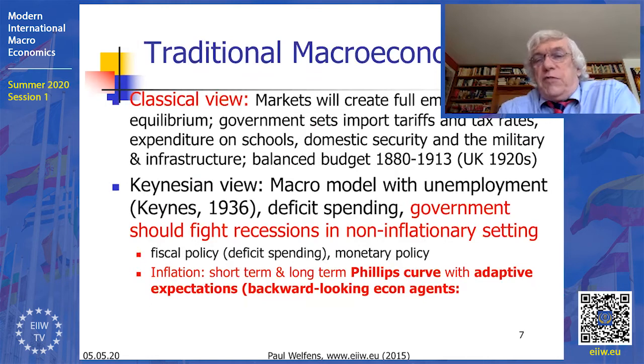Okay, we have some kind of classical views. So markets will create full employment, equilibrium, governments can set import tariffs and tax rates. We have then some government expenditures on schools, domestic security, the military, the infrastructure, the legal system, and maybe we have a balanced budget between 1880 and 1913.